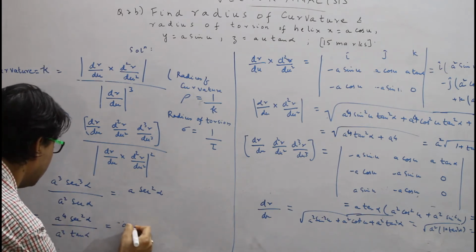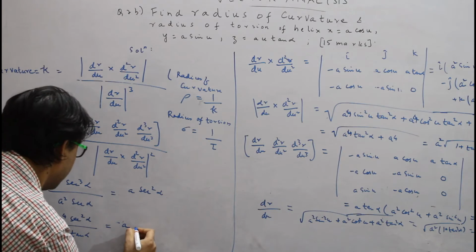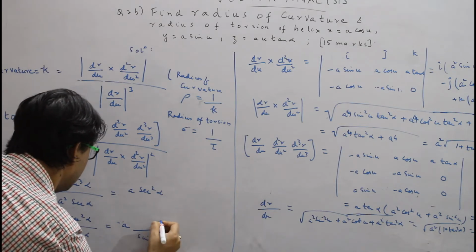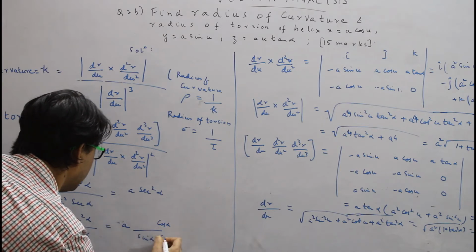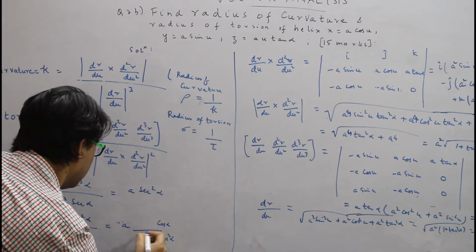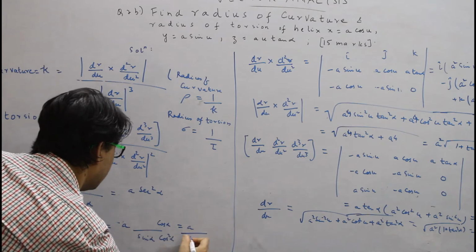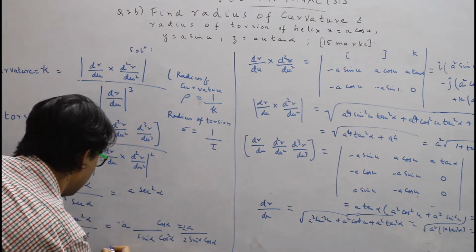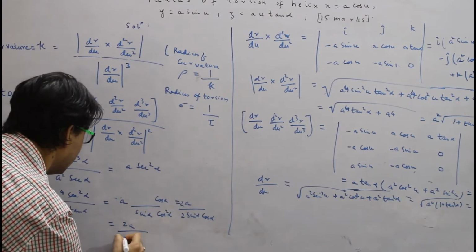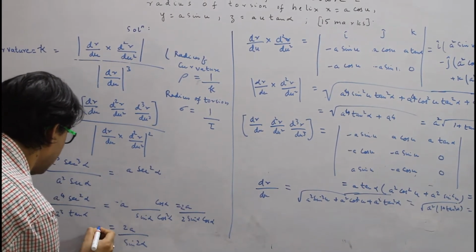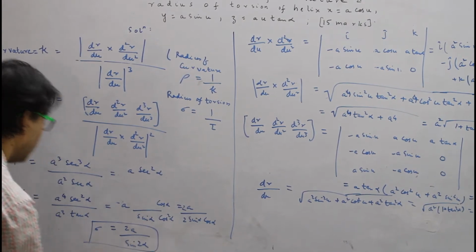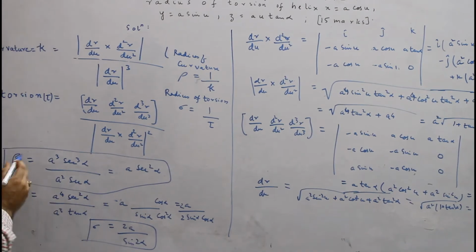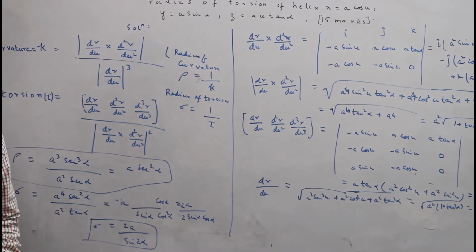We can write this as sin alpha into cos alpha, so we get a sin alpha cos alpha. We can divide and multiply by 2, so we get 2a sin 2 alpha. So this is our radius of torsion, and this is our radius of curvature. So we have got our answer.